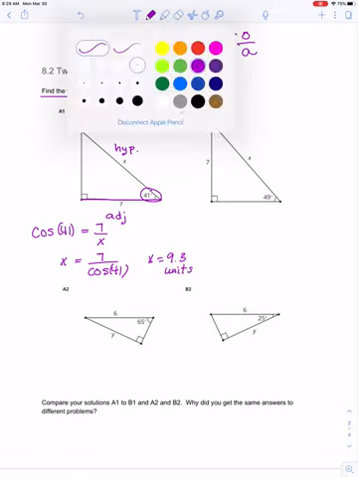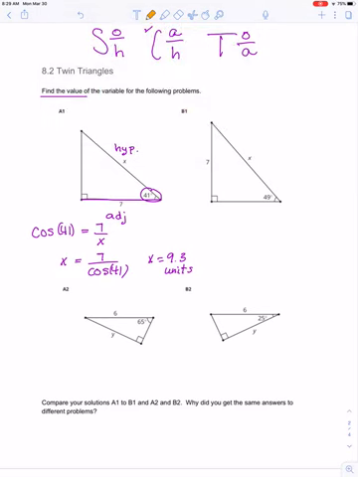Okay, let's look at B1. So B1, we're given this angle 49 degrees, but we're given opposite, and we're trying to find the hypotenuse. So opposite hypotenuse, we're going to use sine this time. So sine of 49 degrees is equal to opposite over hypotenuse. And now we're going to solve for x.